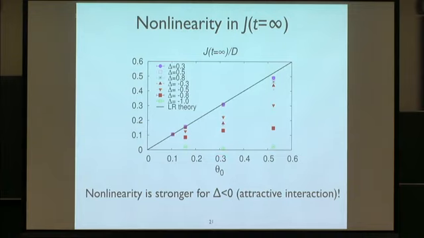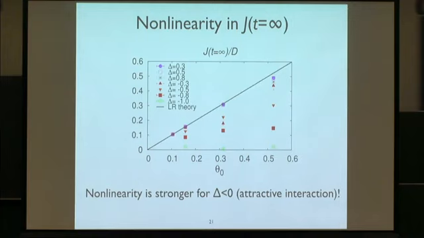Then if linear response theory is exact for a finite amplitude pulse, I should expect this straight line, the black line. And then we plotted what we actually obtained, like this.